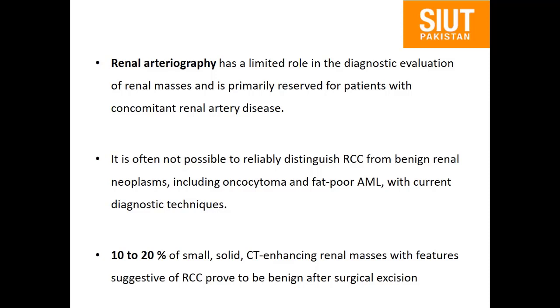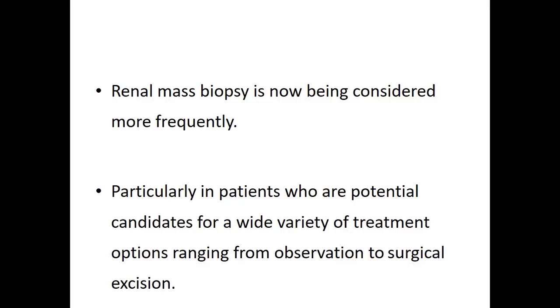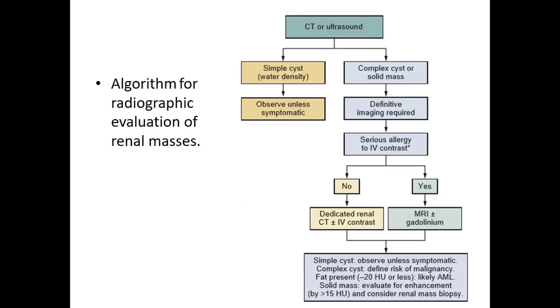This is the most important point, because most of the benign lesions we will be discussing shortly are biopsy diagnoses, diagnosed after surgical management, including partial or radical nephrectomies. Renal mass biopsy is now being considered more frequently, particularly in patients who are potential candidates for a wide variety of treatment options ranging from observation to surgical excision.